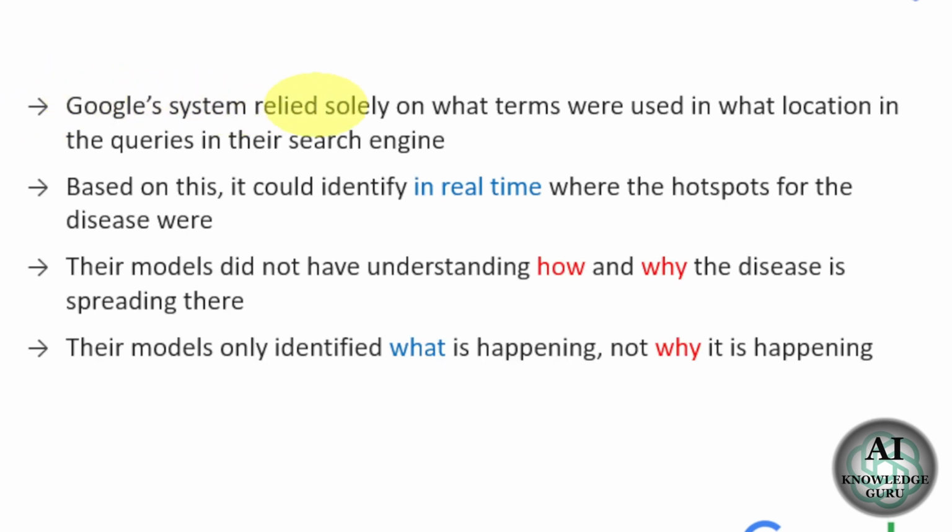It relied solely on what terms were used in what locations in the queries in the search engine. Based on this, it could identify in real time where the hotspots for the disease were. Their model did not have an understanding of how and why the disease is spreading there. Their model only identified what is happening, not why it is happening.